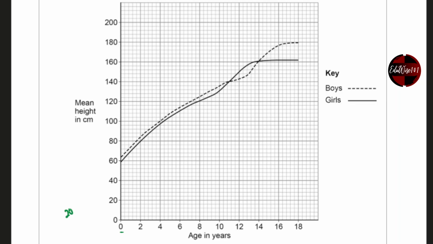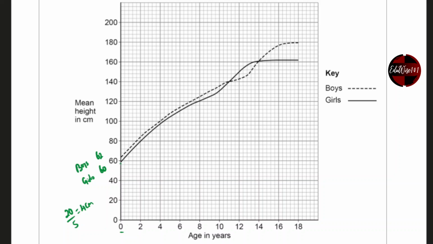If I say 20 divided by 5, that gives me 4 centimeters. So boys are starting at 62 centimeters. Girls are starting at 60. So the girls are slightly shorter than the boys.